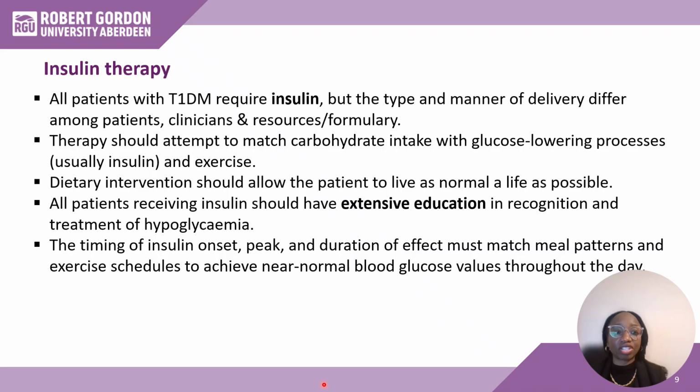All patients receiving insulin should have extensive education in recognition and treatment of hypoglycemia. The timing of the insulin onset, peak, and duration of effect must match meal patterns and exercise schedules to achieve near normal blood glucose values throughout the day. So that's really important.